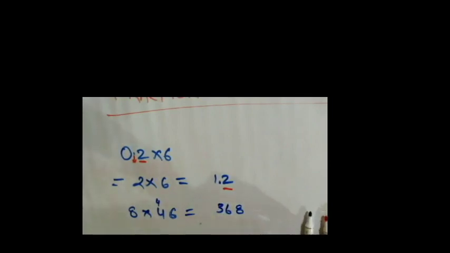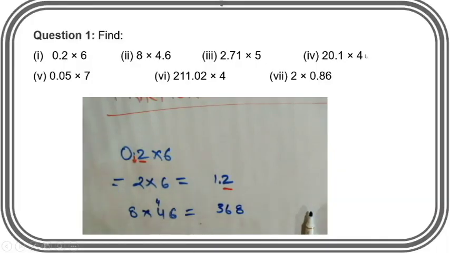Now see, in the question we have a decimal here, 4.6. So count after the decimal how many digits there are. There is only one digit after the decimal point. So from the last you count one digit and afterward put the decimal. Okay, so your answer becomes 36.8.